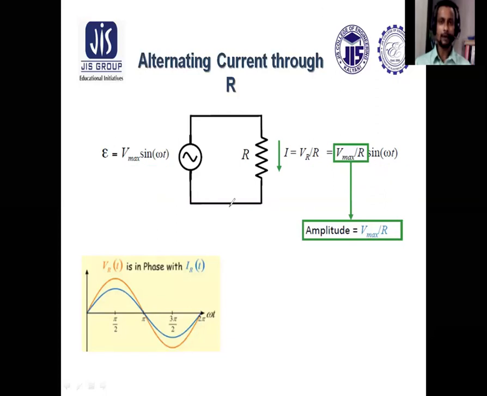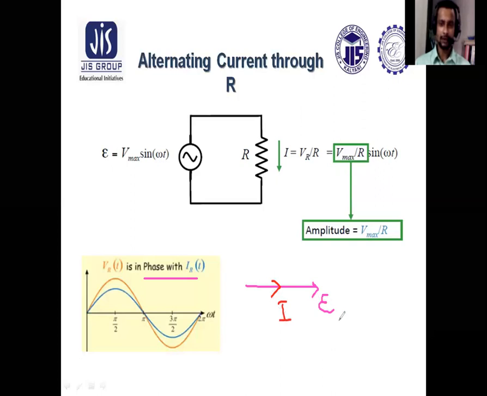So the important concluding point is that when alternating current passes through a purely resistive circuit, voltage and current are in phase with each other. By applying the phasor diagram concept, if this is the supply voltage, then the current through the purely resistive circuit will also be in the same direction.